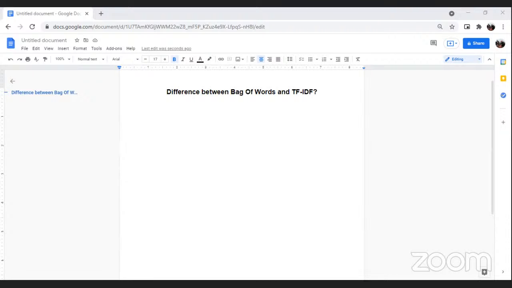True, you're right, Kritik. So bag of words just creates a set of vectors containing the count of words in the document.